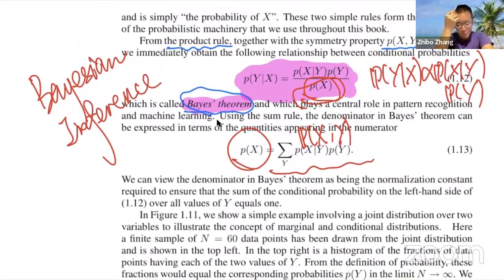Suppose that y is some parameter that you want to infer, and x is some data that you see, which is used as evidence. P(x), the probability of x, is generally a distribution in x, and we assume that it is a constant. So we normally omit this part.